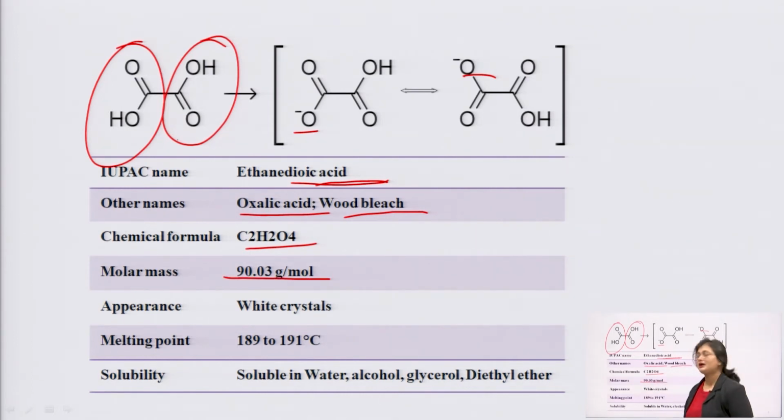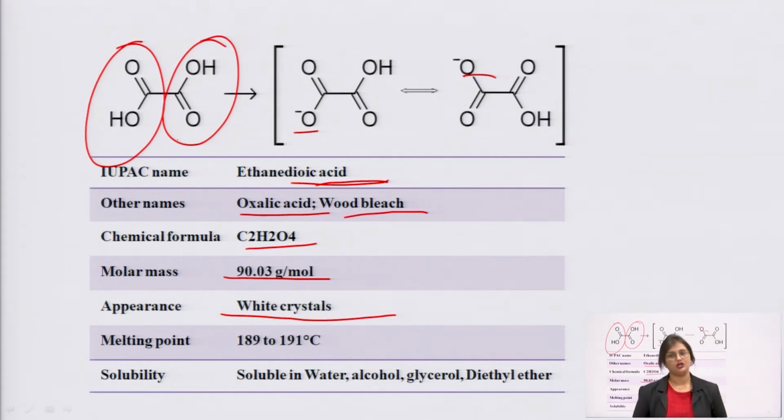It has a molar mass of 90.03 gram per mole. It is a white crystalline solid, crystalline in nature, with a melting point of 189 to 190 degrees Celsius. When we talk about solubility, it is soluble in water, alcohol, glycerol and diethyl ethers.